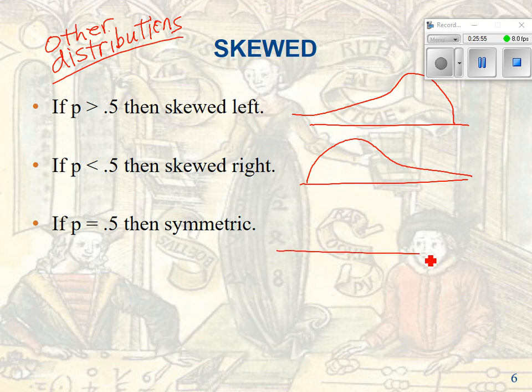And if it's symmetric, then it's going to look more like the bell curve. And the other one nobody can ever remember is uniform. We don't have that one, because they don't come out that way.